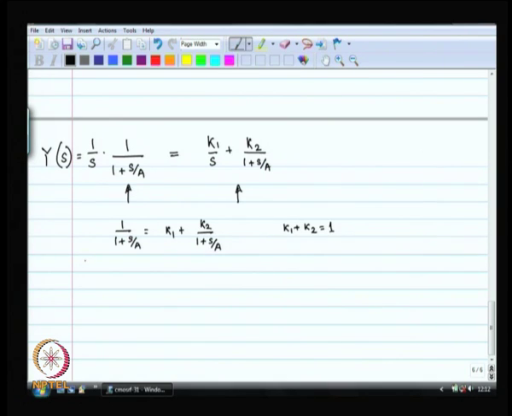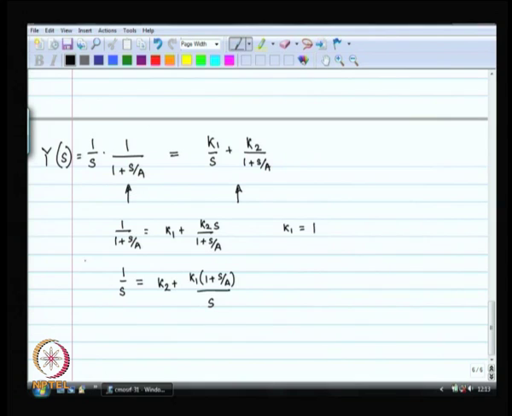Okay. Next thing is multiply both sides by 1 plus s by a, and you have got 1 by s is equal to K2 plus... no, I am sorry. Okay.